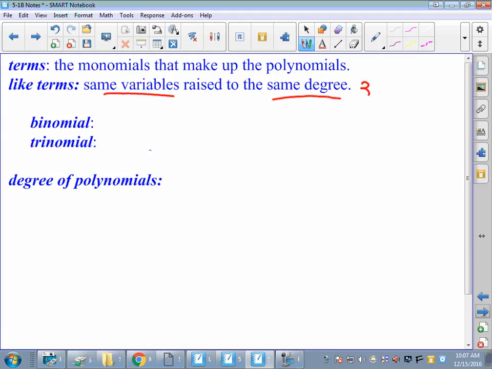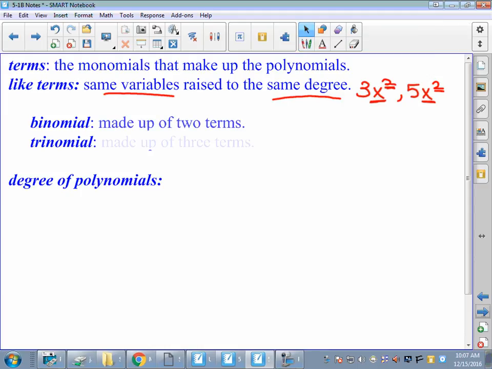So 3x squared and 5x squared are like terms because they're the same variable raised to the same degree. Doesn't say anything about the number out in front. So like terms, when we can combine like terms, we just add the coefficients. We're going to do that today. Binomial made up of 2 terms, trinomial made up of 3. I talked about that on the last page.